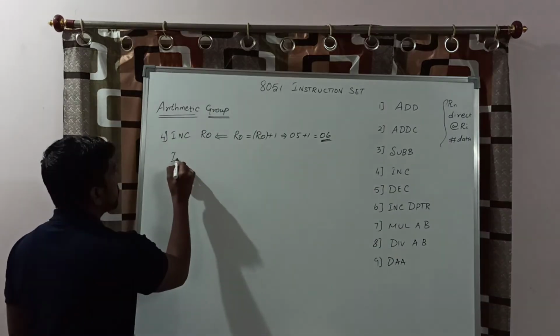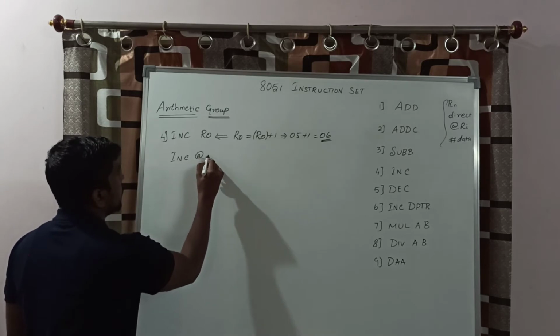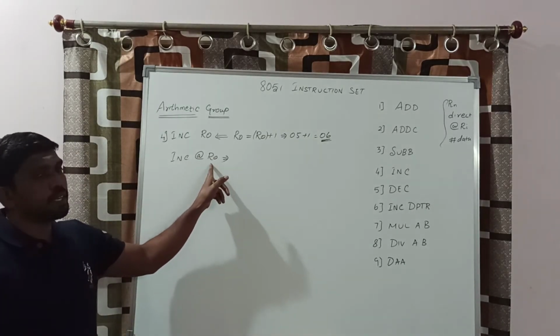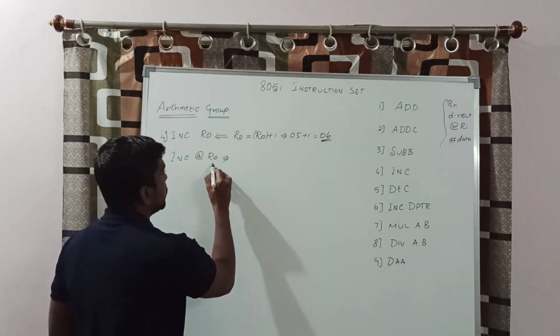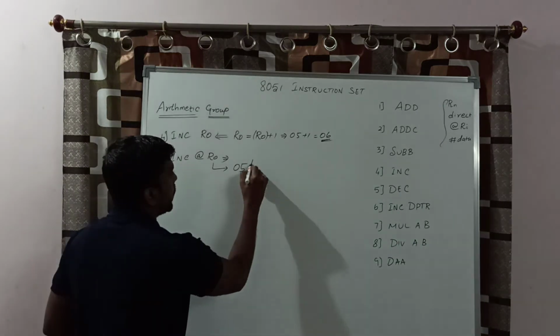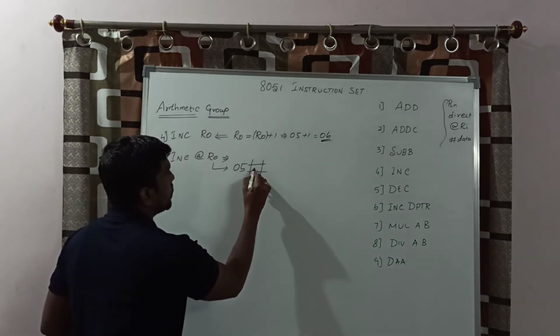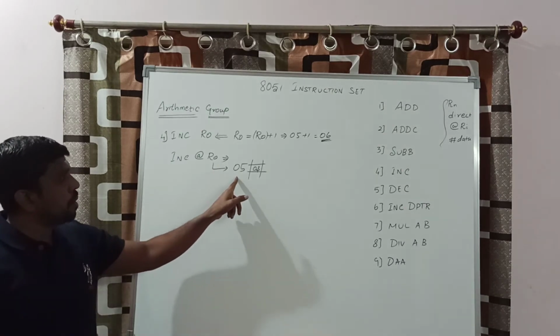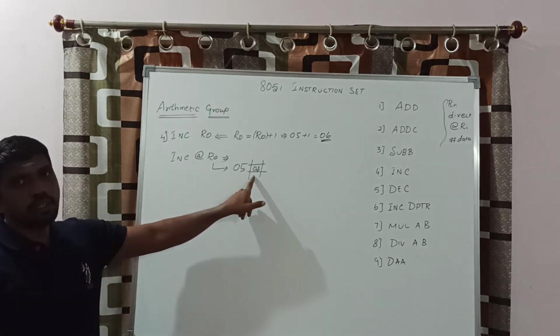The next one, INC @Rn. In this instruction, Rn carries the memory location. For example, the memory location is 05, and it holds the data 03. First, you read the memory location and you get the data.